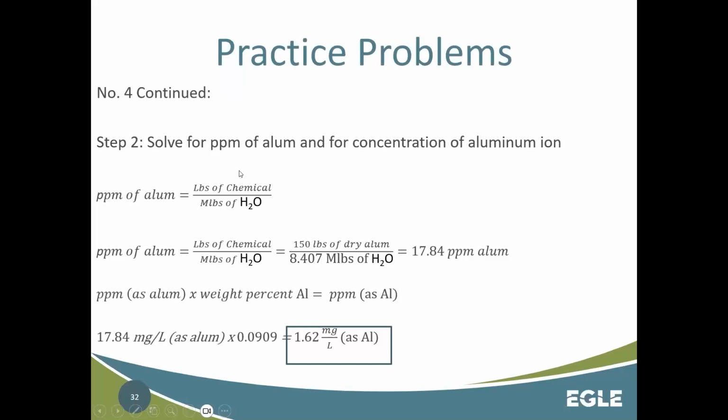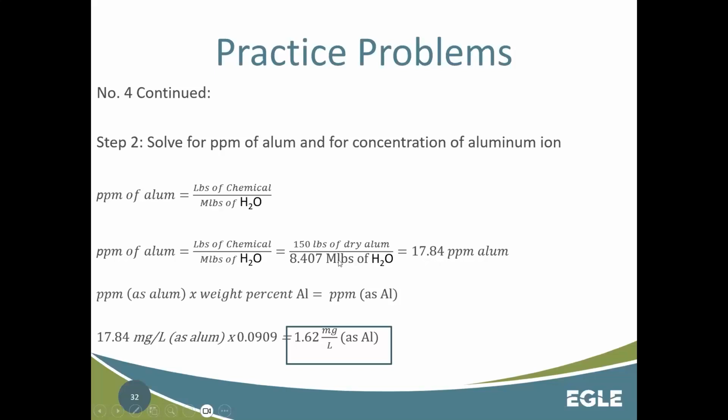Step 2, solve for ppm of alum and for the concentration of aluminum ion. So ppm is going to be the pounds of chemical over million pounds of water. We've used that one a few times today. So we know it's 150 pounds of dry alum divided by 8.407 million pounds of H2O, and that's going to get us 17.84 ppm, or you could say milligrams per liter of alum.